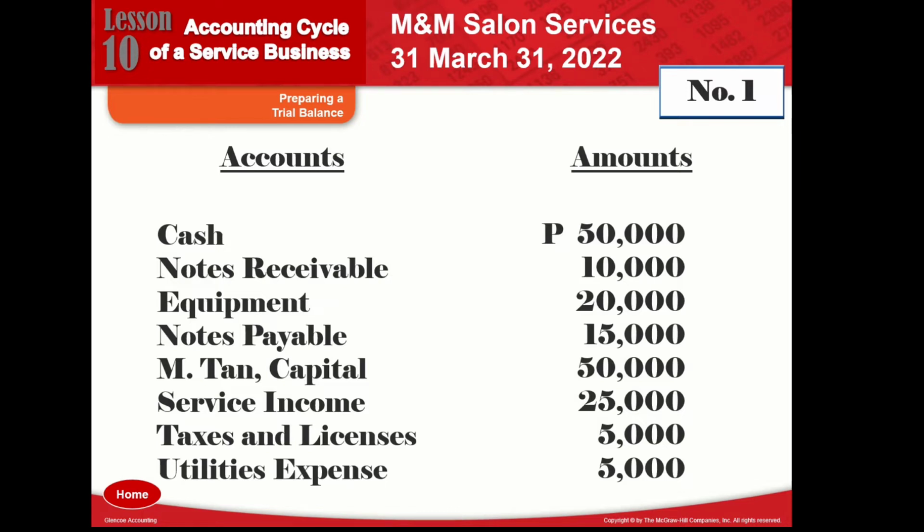Notes receivable, 10,000. Equipment, 20,000. Notes payable, 15,000. MTAN capital, 50,000. Service income, 25,000. Taxes and licenses, 5,000. And utilities expense, 5,000 pesos.